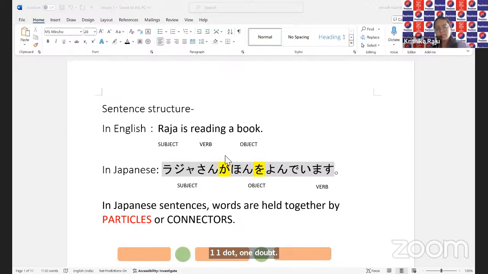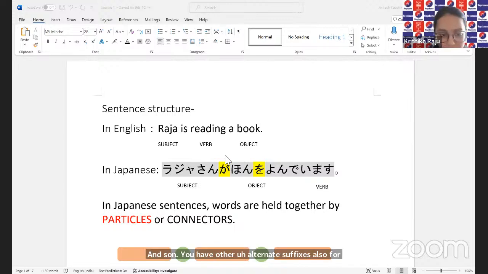Okay, so this is the basic difference. In English, a simple sentence like this: Raja is reading a book. Okay, so you have Raja, who's the subject in this sentence. I'm just saying subject, object, verb just to make you understand. If you don't understand any of this, it's okay. Because I remember in English grammar class, I never liked it when they used these words. It was always complicated for me. Raja is reading a book.